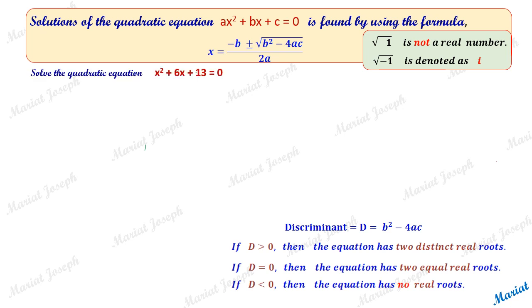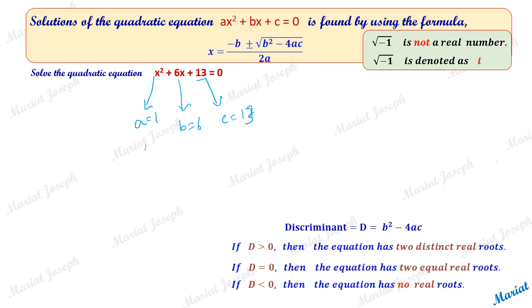Now, let us do one example. Solve the quadratic equation x² + 6x + 13 = 0. So here a is 1, because it is the coefficient of x². b is 6, the coefficient of x, and the constant term is c. c is 13.